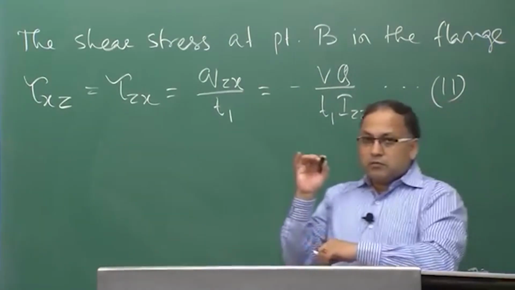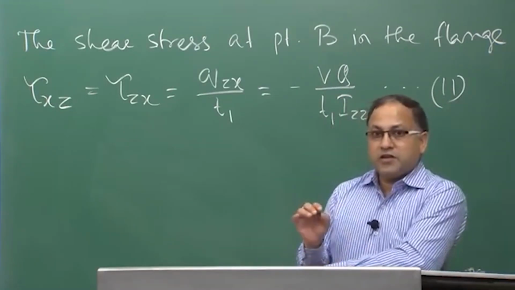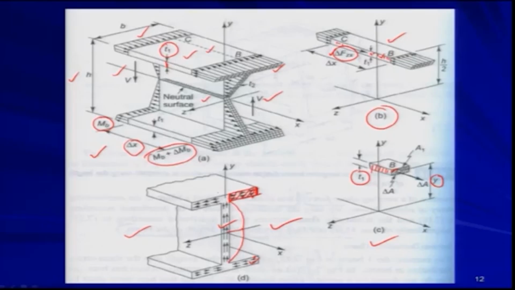Now, frankly speaking, there are also tau xy in the flanges. Suppose this is the flange; there also you will get tau xy. Say you consider this section, this is the area on this plane, and you can find out tau xy.